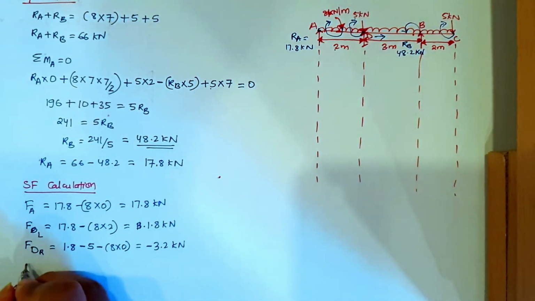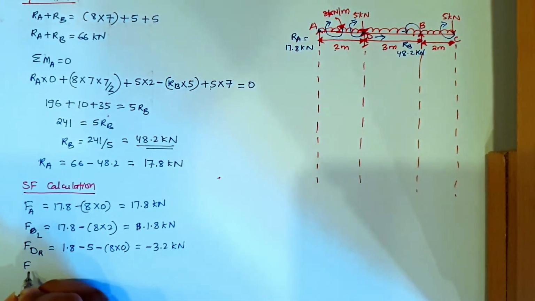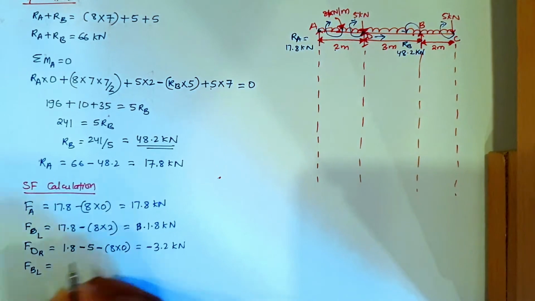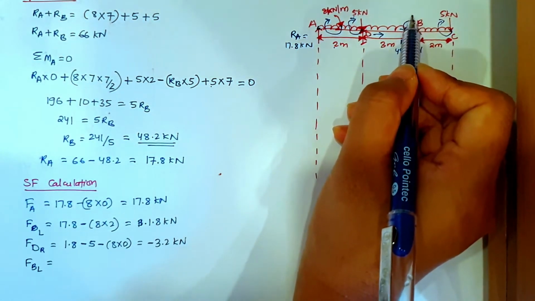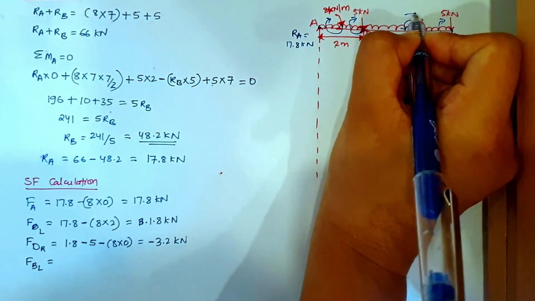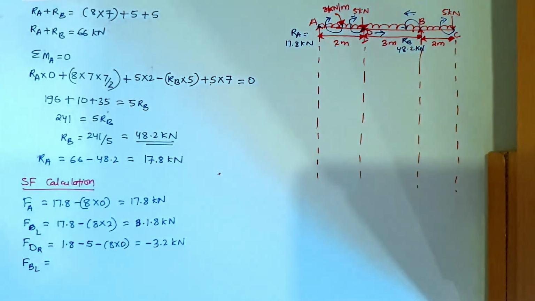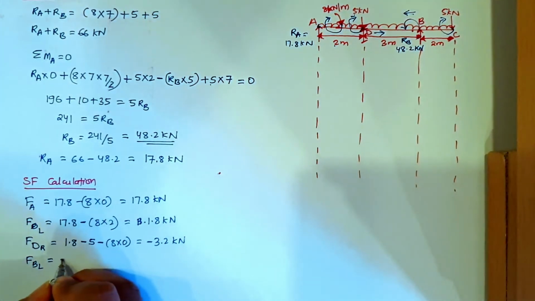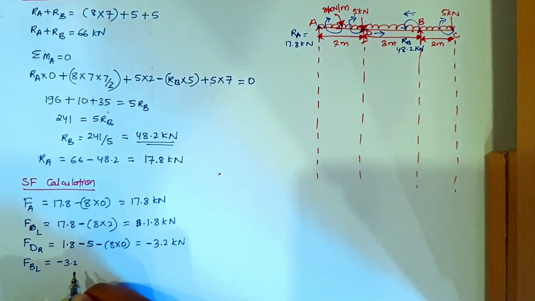Now force at B, to the left hand side of B. The last force that you got is minus 3.2.